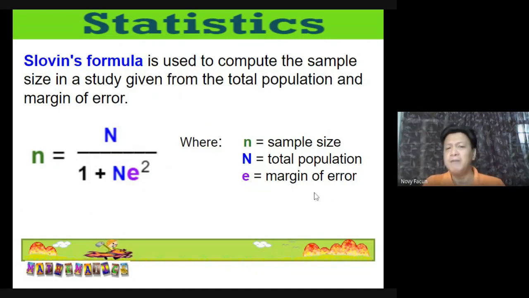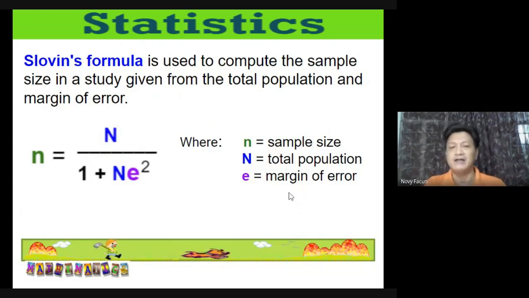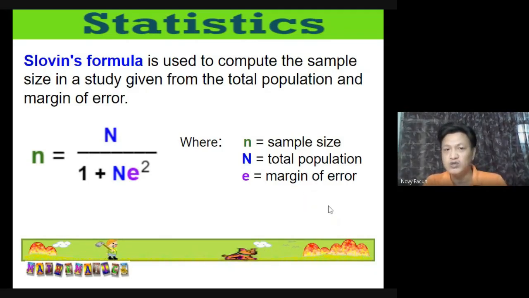But the margin of error, ito yung paraan natin kung ilan nga bang percent ang kukunin natin sample dun sa specific na population na kung saan tayo nag-aaral or pinapag-aralan natin. When we say margin of error, there's no ideal situation. Depende dun sa situation, dun sa pangangailangan natin. Okay, kaya pwede siyang i-adjust.